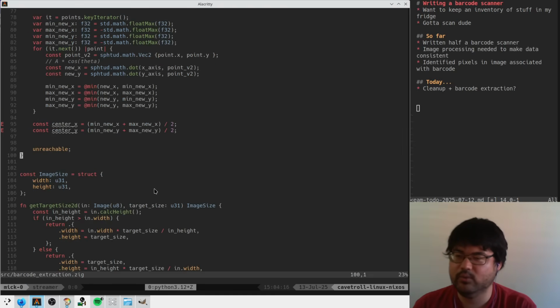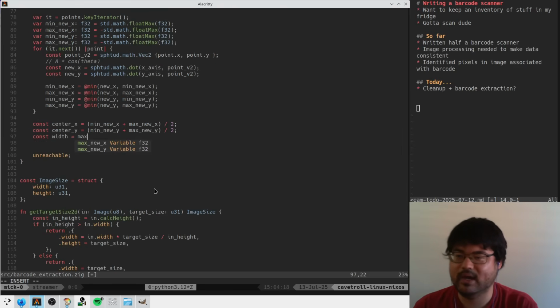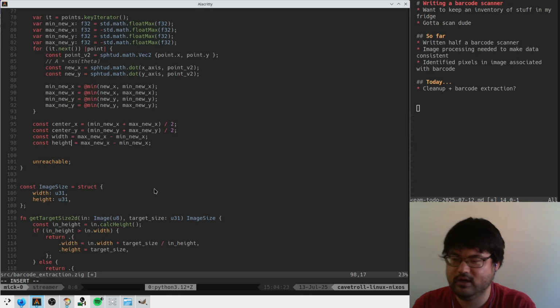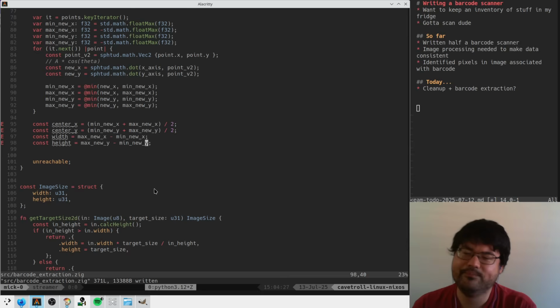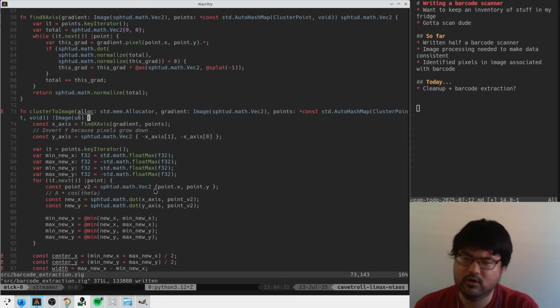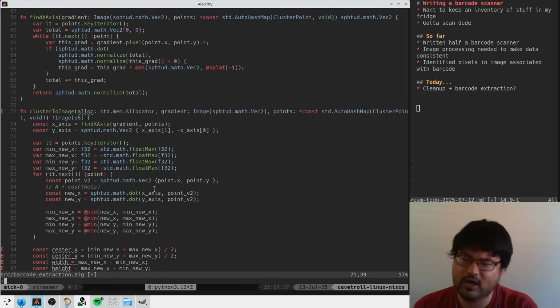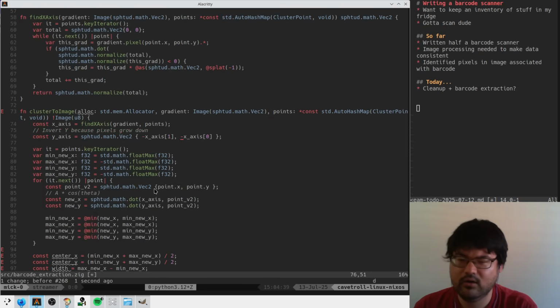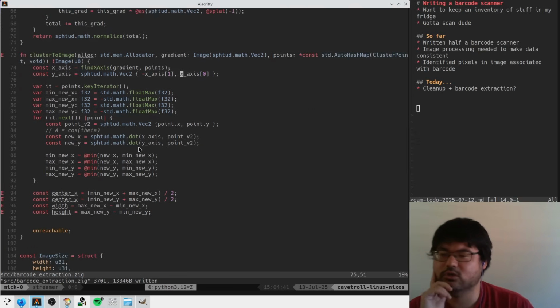And then the width is max new x minus min new x. And height is new y minus new y. Okay? And now this is actually in rotated space though. So we just un-rotate. It doesn't matter if this is inverted or not, I don't think. Because if we just undo the rotation to go back, then we're chilling.